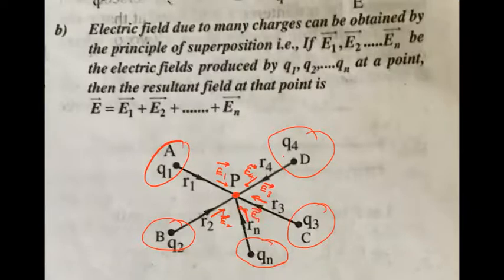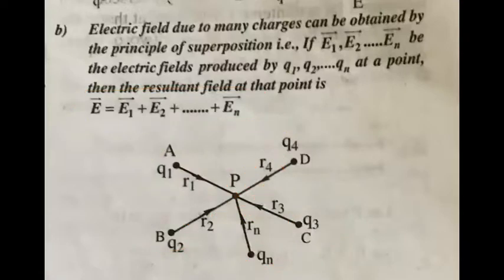N fields are there. Therefore, what is the resultant field? The sum of all the fields. Just like what we have done in electric force, net electric force. This is also called the principle of superposition. We will use this concept when more than two charges are there and they are asking for the net electric field at any point. Okay. Next.